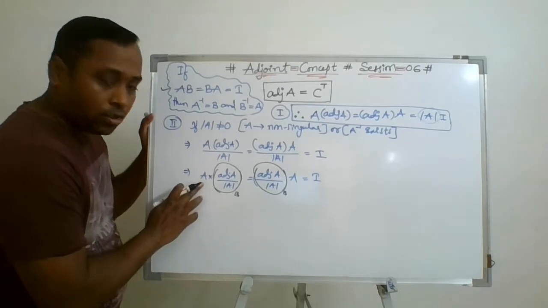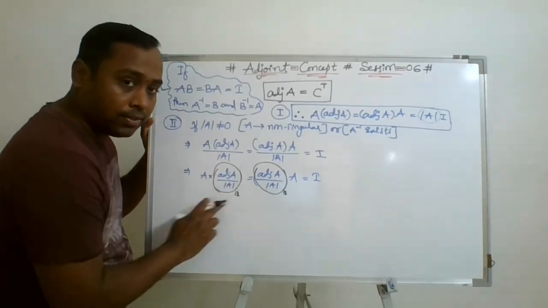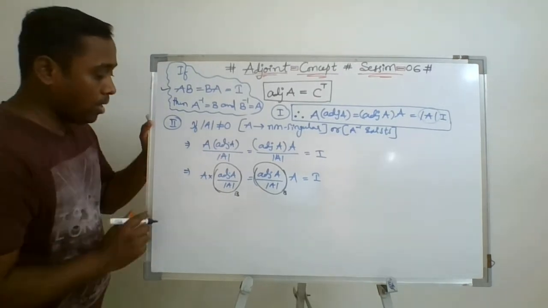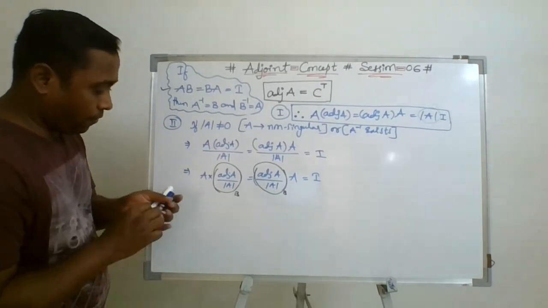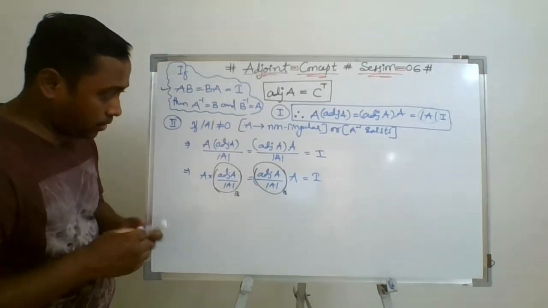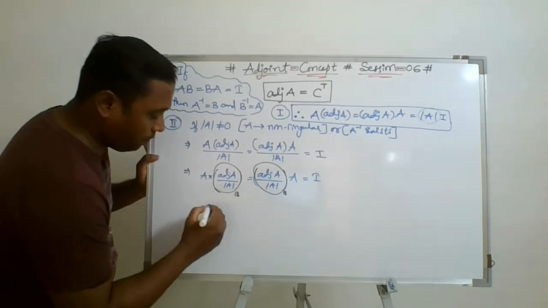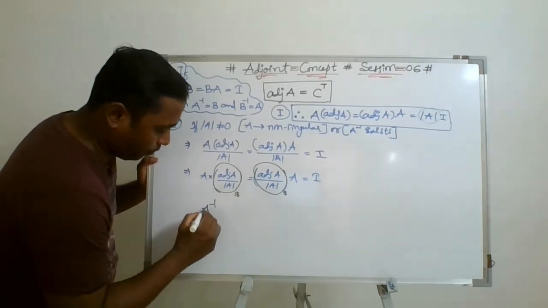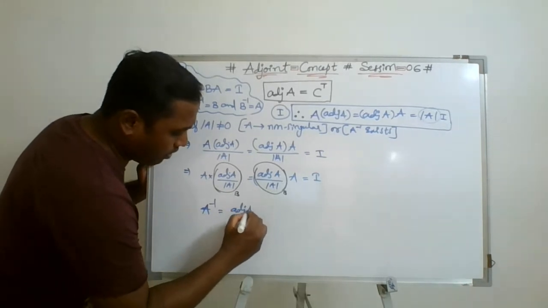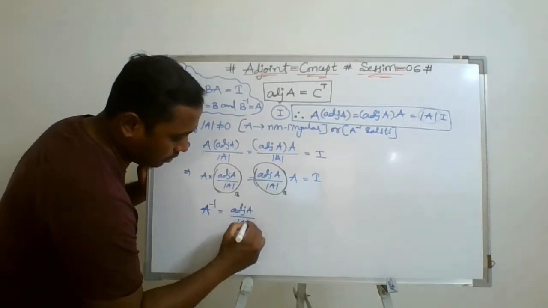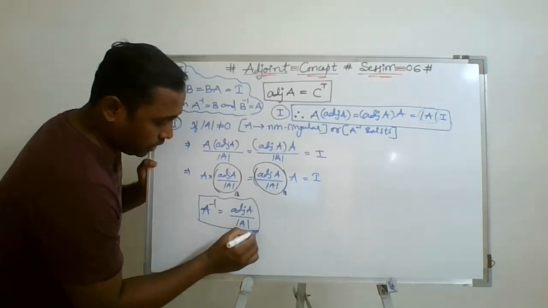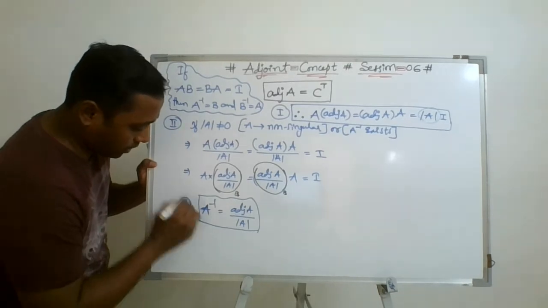Hence, the inverse of A is given by this, and the inverse of this is also given by A. So from here, the inverse of A matrix is given by adjoint A by det A. This is the result which we have obtained from the first result.